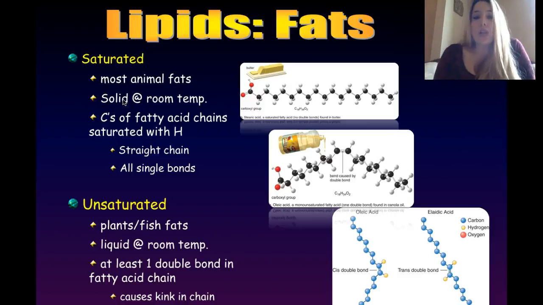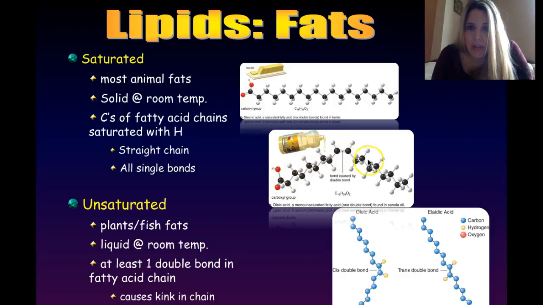And so if we take a look at this, this happens to be canola oil, which I actually don't recommend consuming. That's a whole other discussion. But any unsaturated fat, whether it's olive oil, canola oil, fish oil, whatever, it looks like this chemically. So you have your polar glycerol head, and here is your carbon hydrogen chain, your hydrocarbons, but something's a little bit different here.